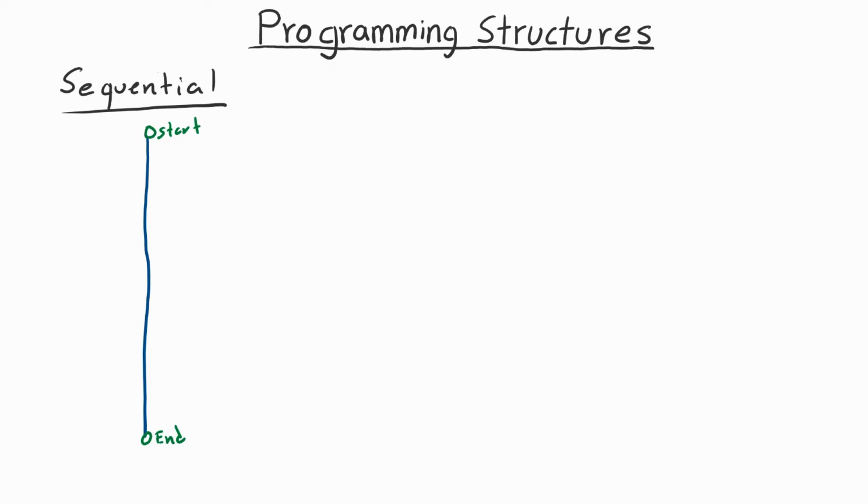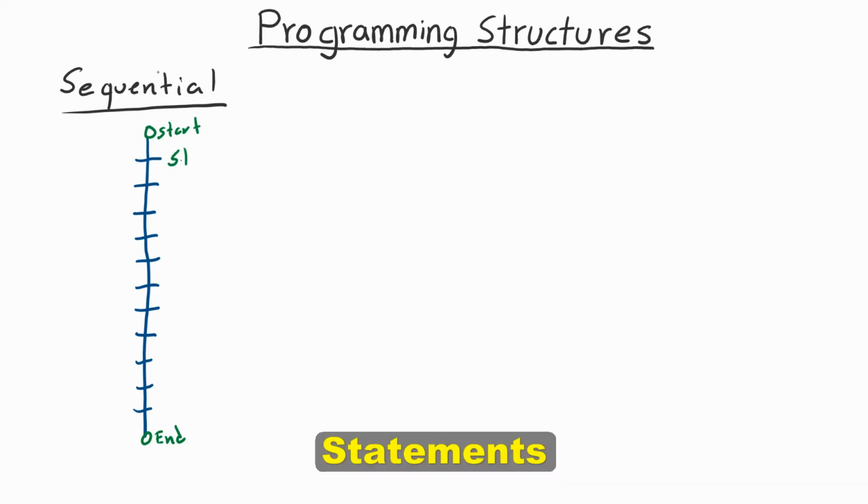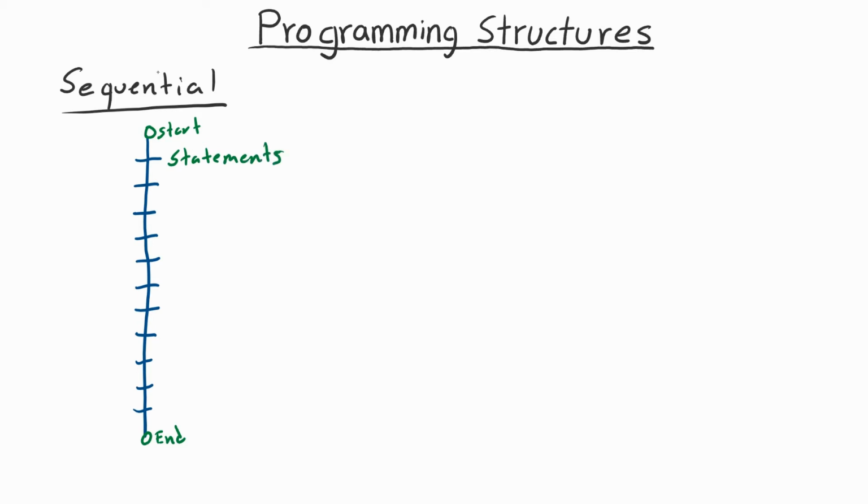Each of these actions, I'm going to represent by these little lines along this longer line that represents time. Inside of the computer or in our programming language, I'm going to call them statements. Sometimes I will refer to them as instructions, but I prefer the word statement.